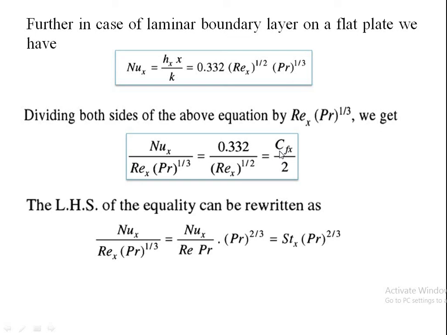So this Cfx is the local drag coefficient. Now this LHS we have to equate with the Stanton number, so from this LHS we have to get the relation with the Stanton number. The LHS of the equality can be rewritten as the local Nusselt number divided by local Reynolds number multiplied by Prandtl number raised to 1/3, is equal to the local Nusselt number divided by Reynolds number multiplied by Prandtl number multiplied by Prandtl number raised to 2/3, is equal to the local Stanton number multiplied by Prandtl number raised to 2/3.